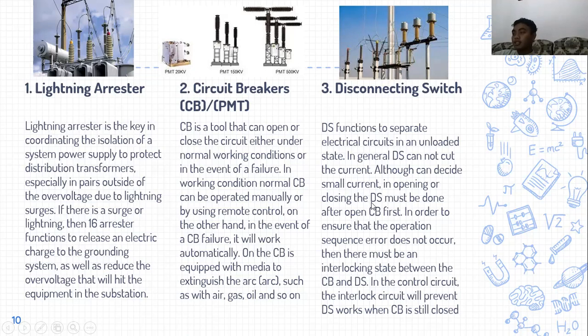The DS must be operated after opening the CB first, in order to ensure that an operation sequence error does not occur. Then there must be an interlocking stage between the CB and DS. In the control circuit, the interlock circuit will prevent DS from working when CB is still closed.